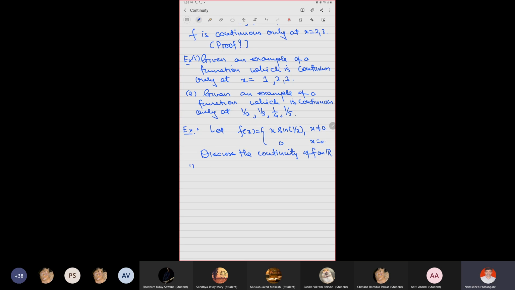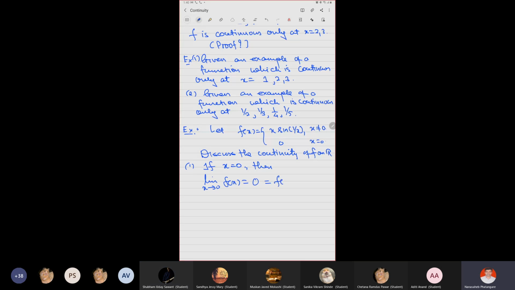First of all, if x is equal to 0, then what is the limit as x tends to 0 of f of x? From our previous discussion, the limit is 0, by the sandwich principle or any other technique.